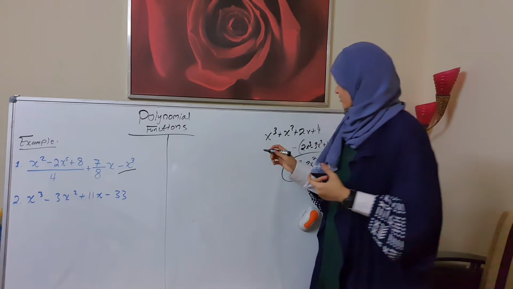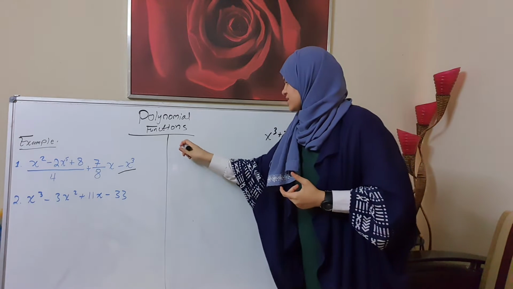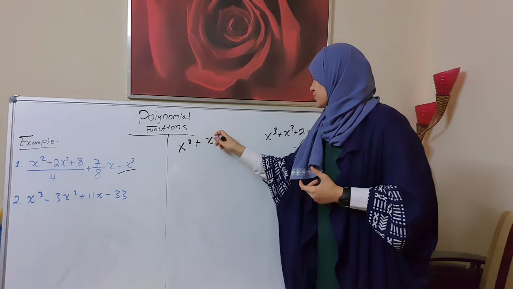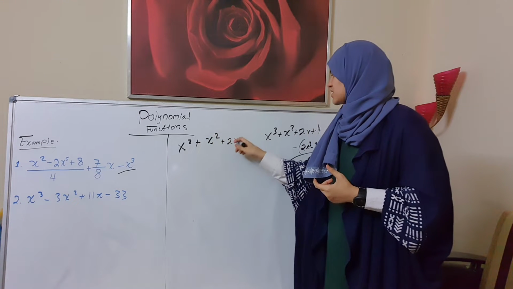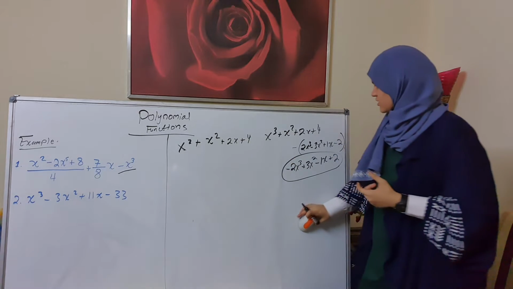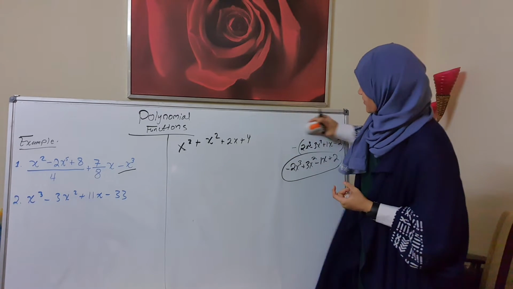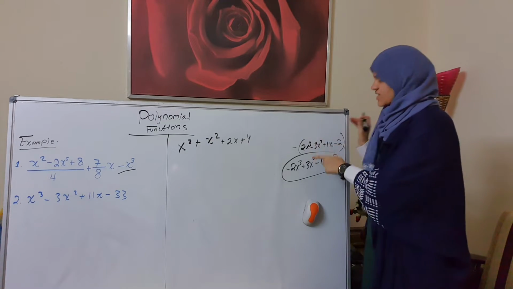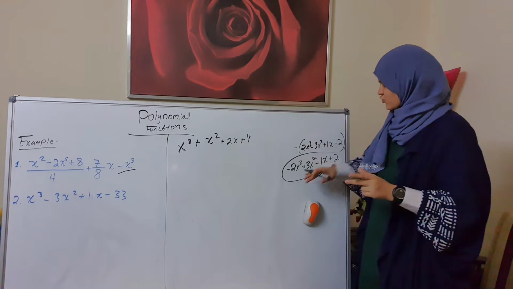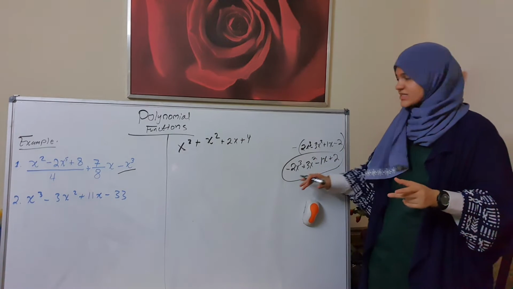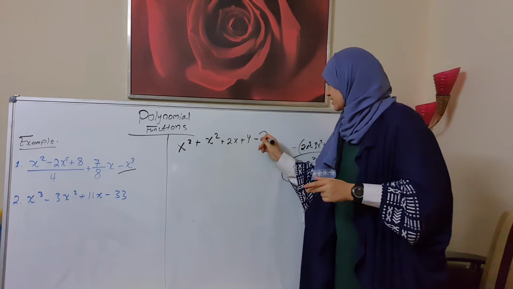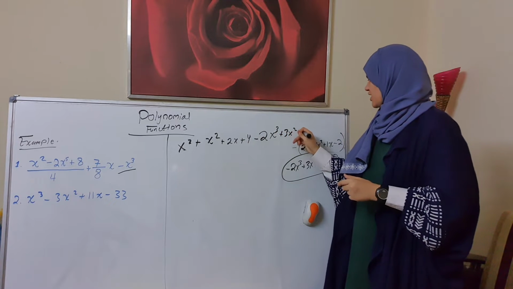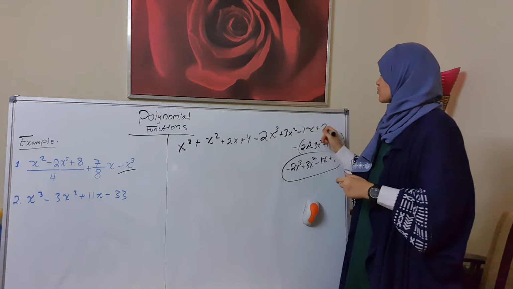We have x to the power of 3 plus x to the power of 2 plus 2x plus 4, right? After we multiply each number inside the bracket by negative, we put it as it is: 2x cubed plus 3x squared minus 1x plus 2, right?